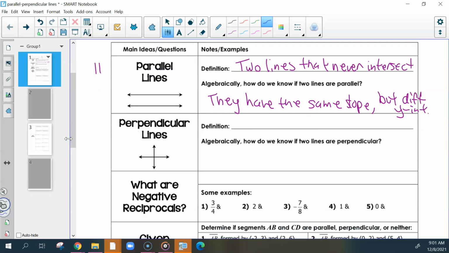Then for perpendicular lines, the definition is intersecting lines that cross at a 90-degree angle.